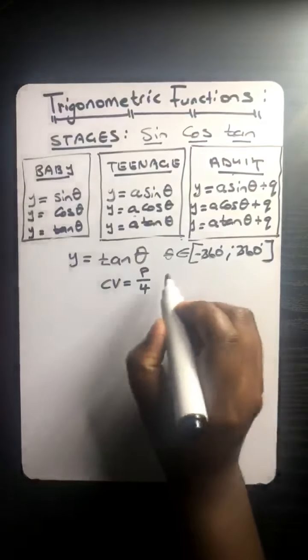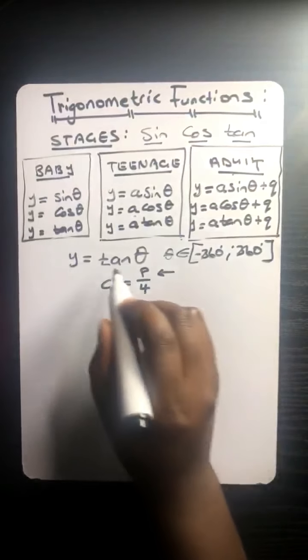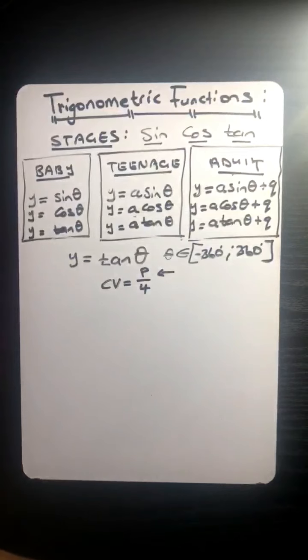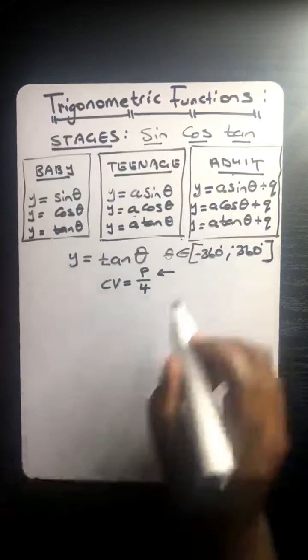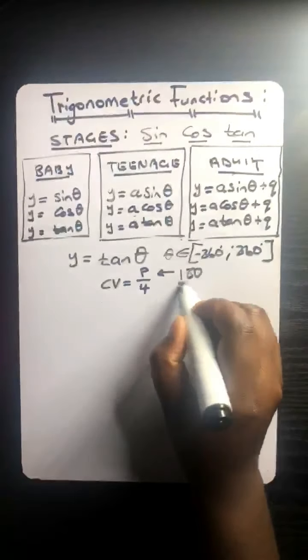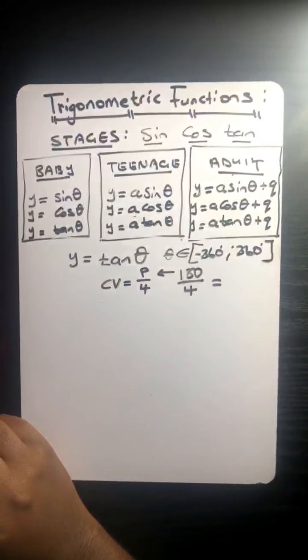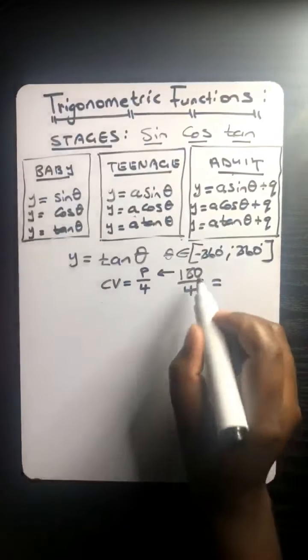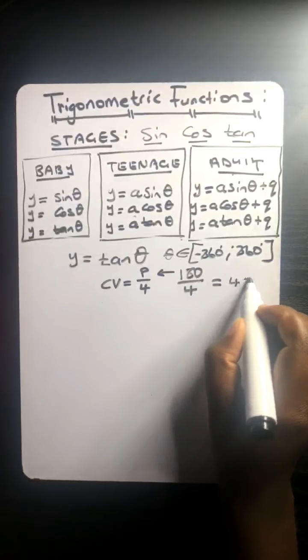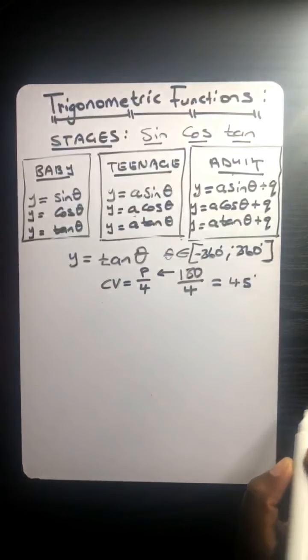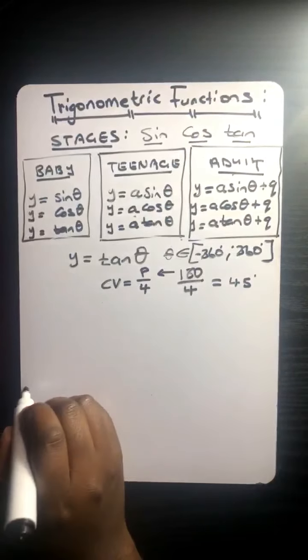Okay, you tell me, what is the period for this function? It's 180, sir. Yeah, so the period for the function of tan is 180. So what is 180 divided by 4? Is it 45 degrees? If yes, then she is correct.